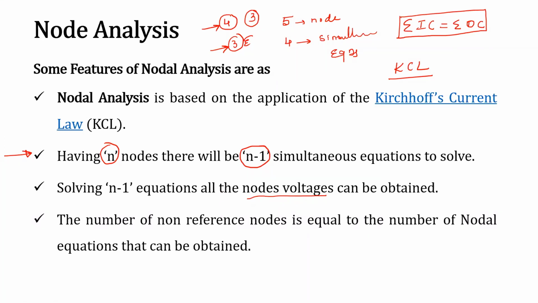The last point is, the number of non-reference nodes is equal to the number of nodal equations that can be obtained. You will come to know what we mean by non-reference nodes. The fourth statement is, the number of non-reference nodes is equal to the number of nodal equations.